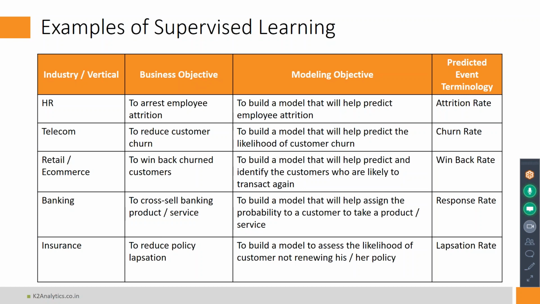Deposit products: current account, savings account, term deposits. Asset products, which means loan products: home loan, car loan, education loan, personal loan, loan against security, loan against property. So there are various kinds of business loans, different types of loan products. Investment products: mutual funds, trading account.